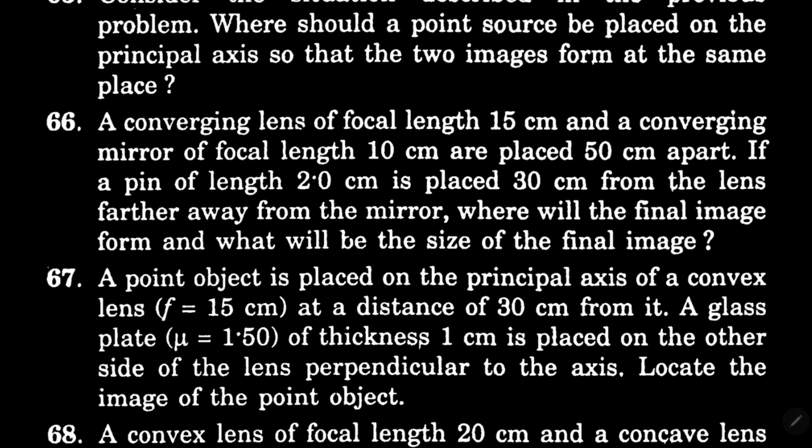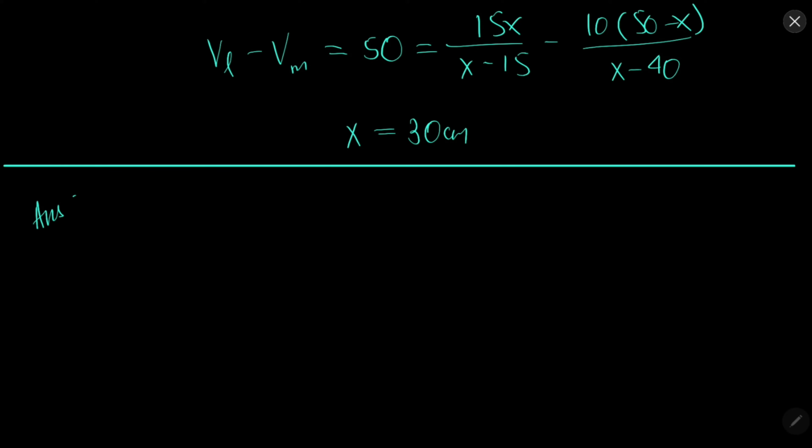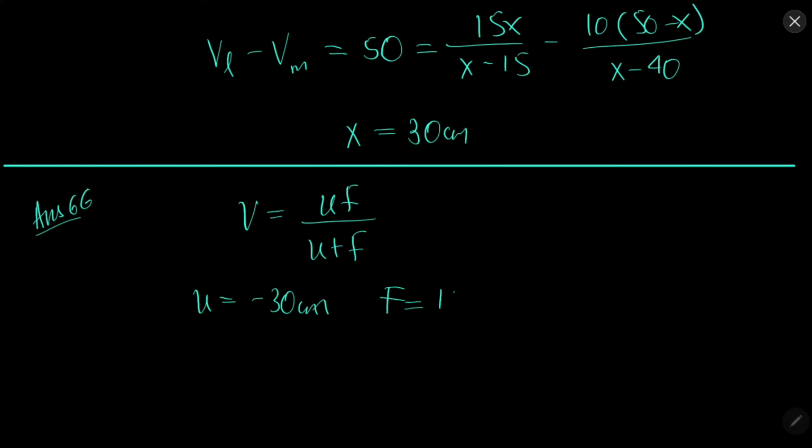In question 66, a converging lens is there. Where will the final image form and what will be its size? Solution 66. So v will be uf/(u plus f) by the lens formula. u is minus 30 centimeters, f is 15 centimeters.